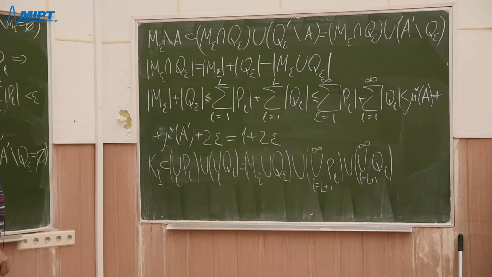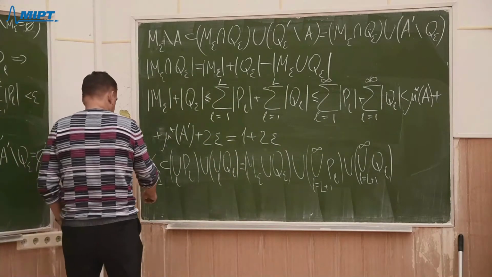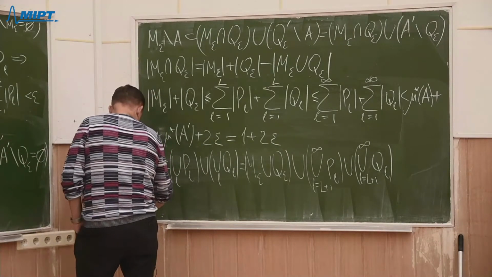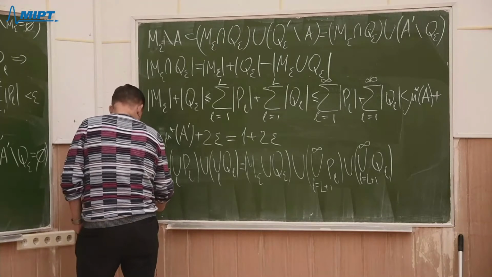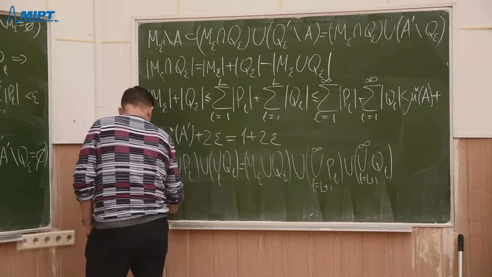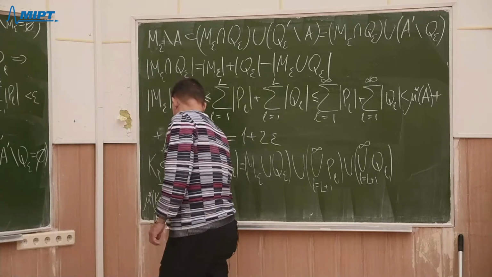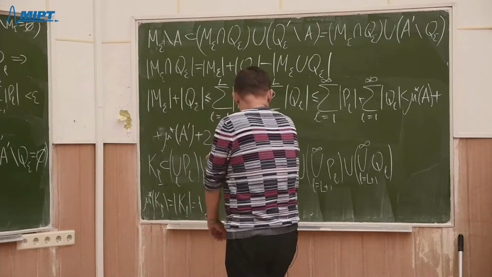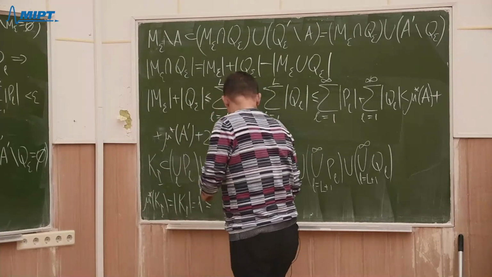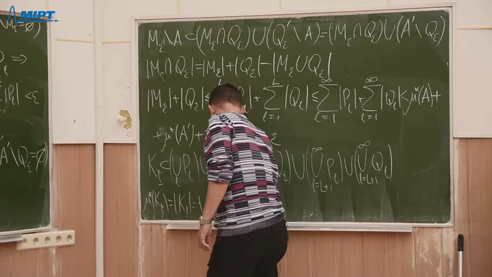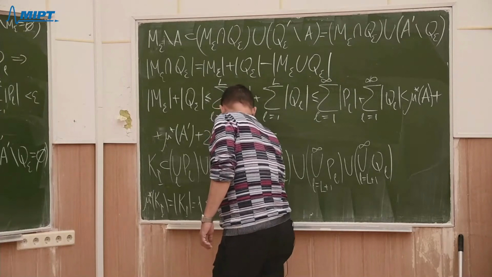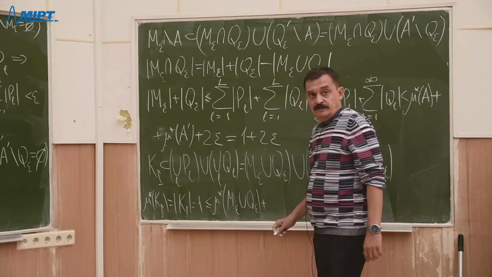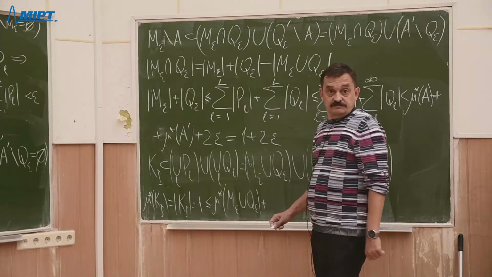Hence, by properties of the outer measure, I can write the following chain. So the outer measure of Ki, Lebesgue, coincides with its volume, that is 1, less or equal than the sum of outer measures.